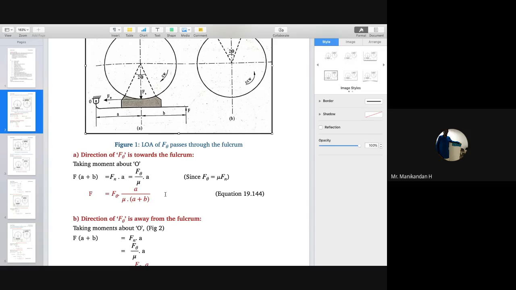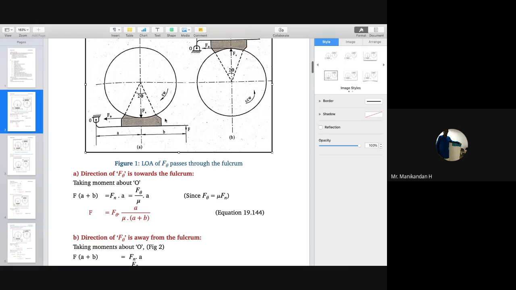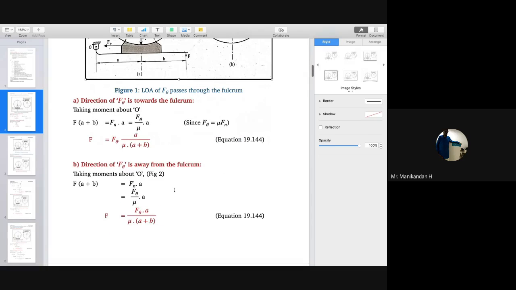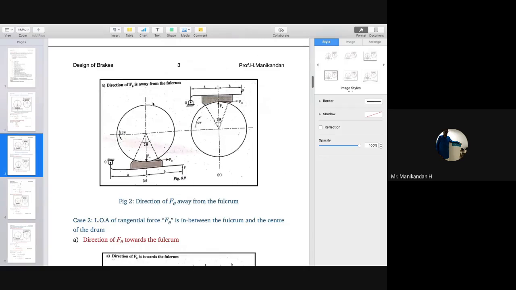This is applicable under two conditions: if F theta is towards the fulcrum, and the disk is rotating in the clockwise direction. Now we will see F theta away from the fulcrum. In this figure, the direction of the tangential force is directed away from the fulcrum.